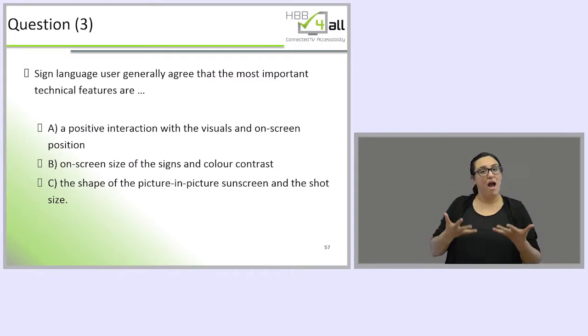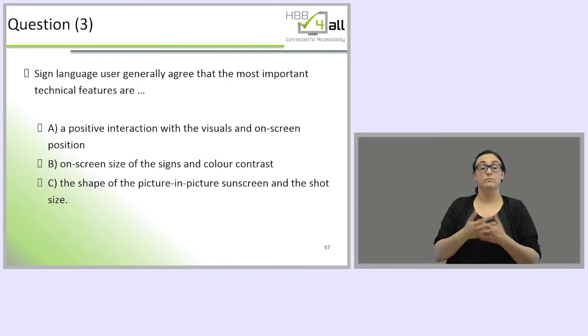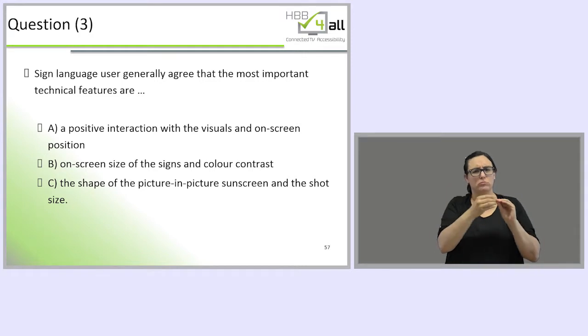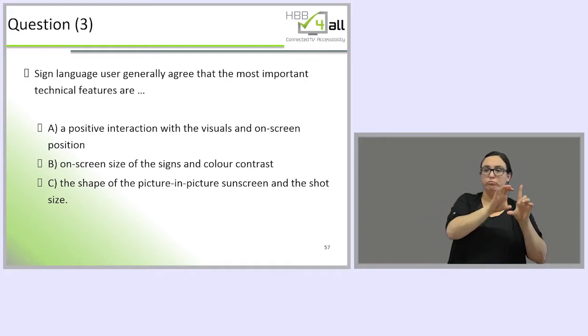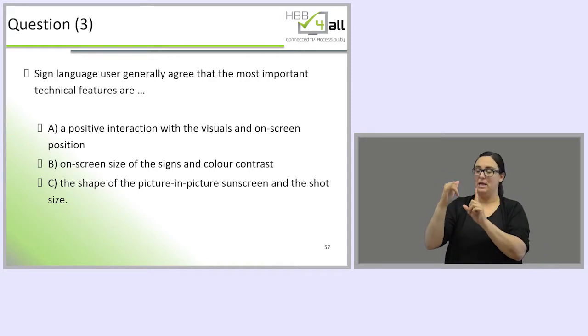So now you are able to answer question number 3. Sign language users generally agree that the most important technical features are: A, a positive interaction with the visuals and on-screen position; B, on-screen size of the signs and color contrast; or C, the shape of the picture-in-picture subscreen and the shot size.